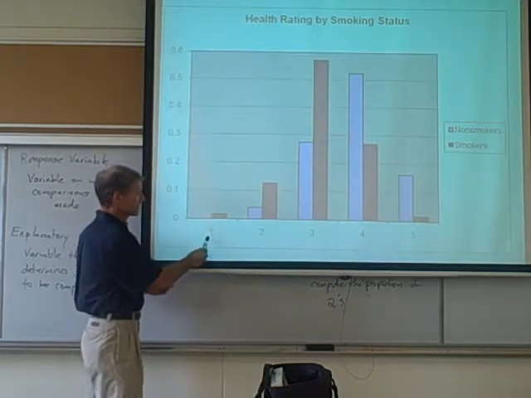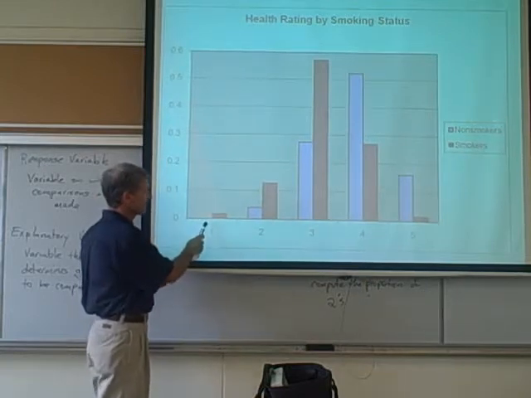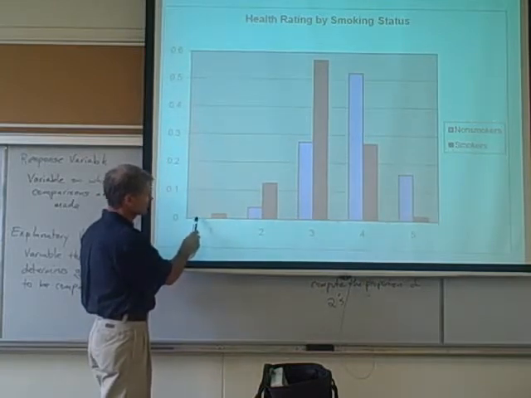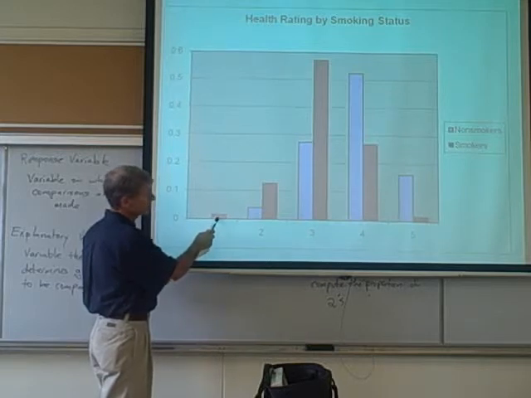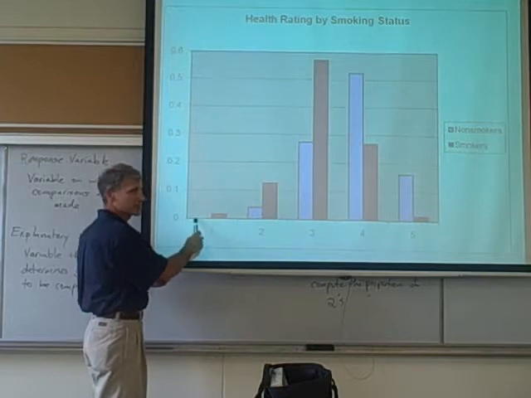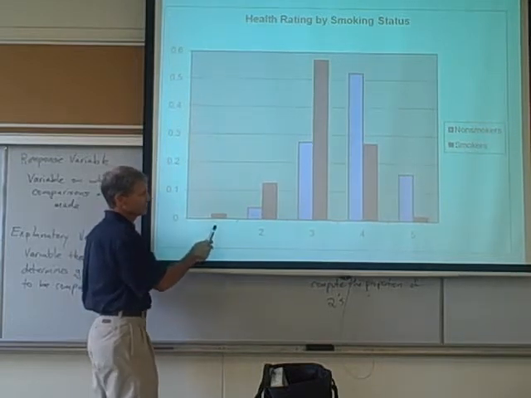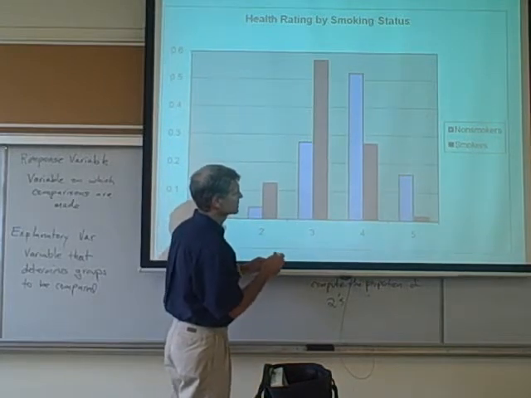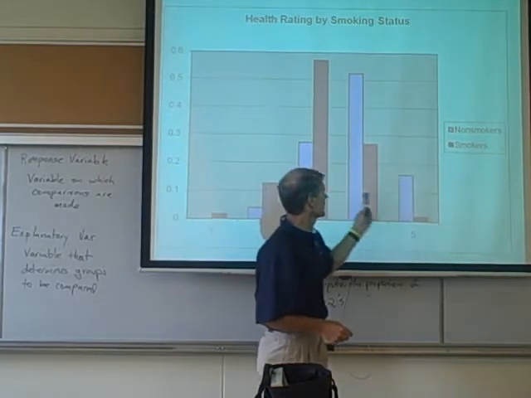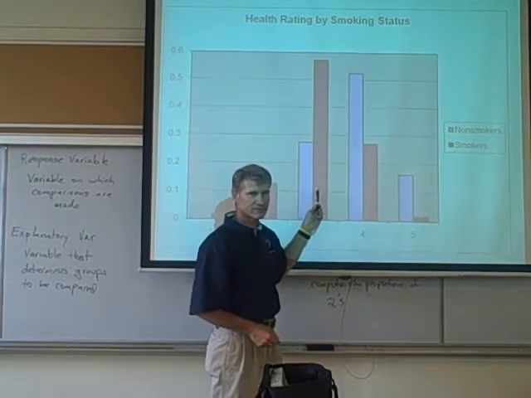So this is people who answered a 1: the proportion among smokers, the proportion among non-smokers. Well, there aren't any non-smokers; remember, there was a 0 in that cell. You have to look at the legend to see which is which. The non-smokers are the lighter blue, and the smokers are the dark ones, just like their lungs.